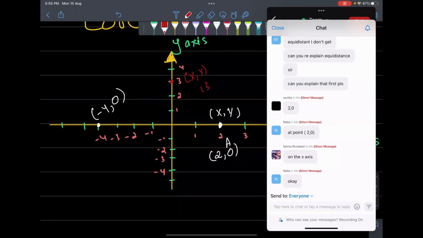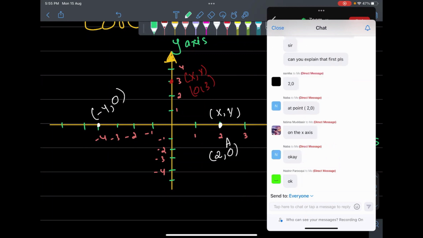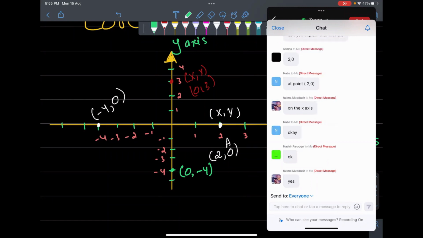However, its x will be 0. Y will be -4 and x will be 0. I hope this is clear. These are very, very small things.